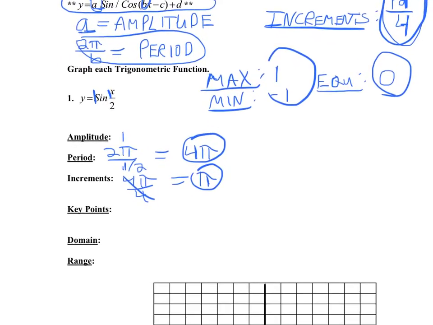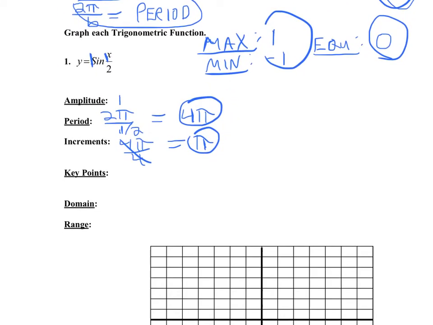Okay, now let's go to the key points. For these graphs the first day, we're not shifting anything horizontally or vertically. So if I'm not shifting it horizontally, I'm going to start at 0. That's going to be the first x value. Now I'm going to get the x values first. The next x value, I just add the increments to it. So I keep adding pi. If I add pi to this 0, I get pi.